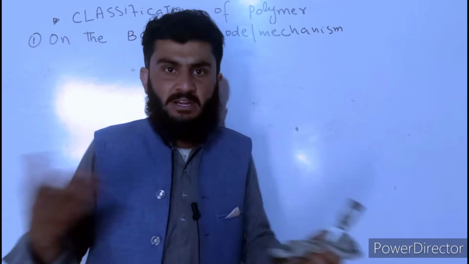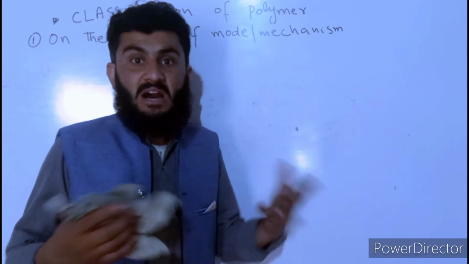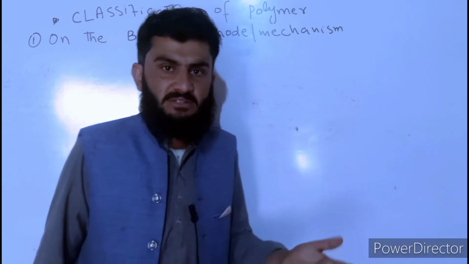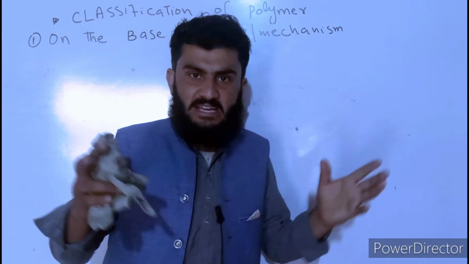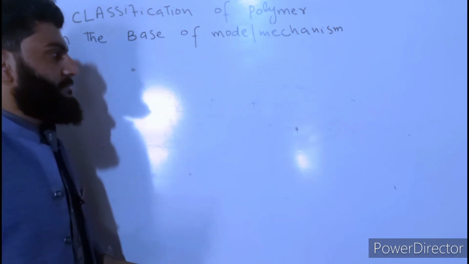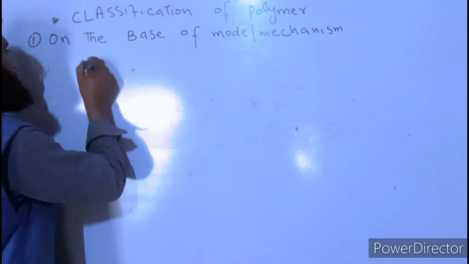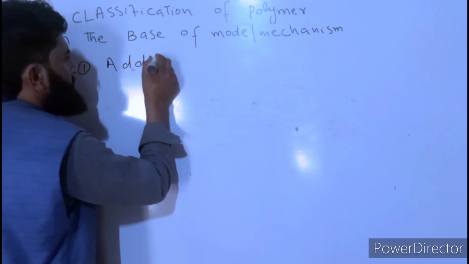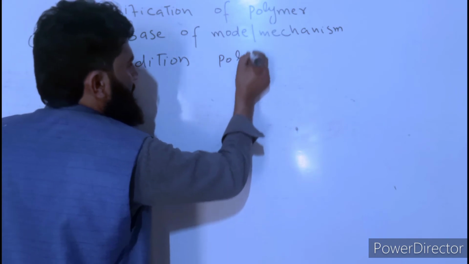As you know, there are different types of reactions in chemistry. The polymers are also formed by chemical reactions, and such types of reactions are also involved in the polymerization reactions. So on the base of mode of mechanism, polymers are formed by, first, addition polymerization.